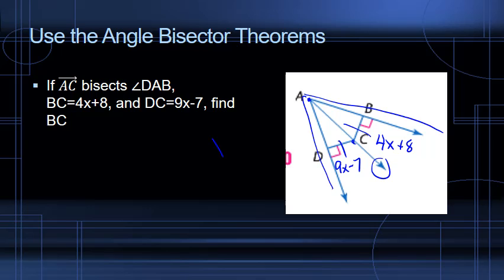So the distance from C to D and C to B are going to be equal, and therefore to solve this problem we can set up that BC is equal to DC, and BC is equal to 4x plus 8, and DC is equal to 9x minus 7.